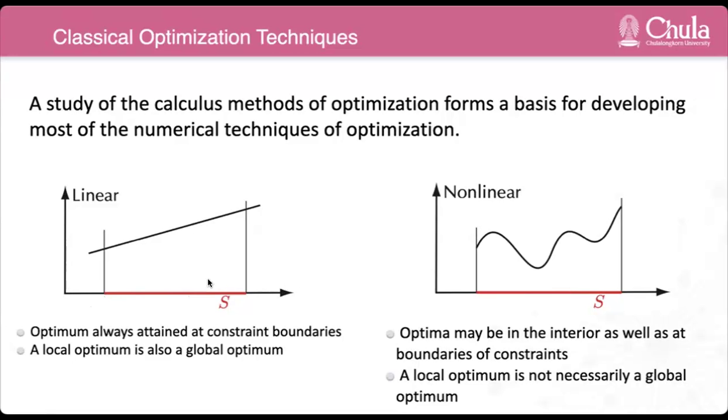You see that this axis is the objective function. Because our objective function is linear, you go this way. For this function, it's increasing. You go this way, it is decreasing. And this domain, S, is the feasible region or feasible domain.